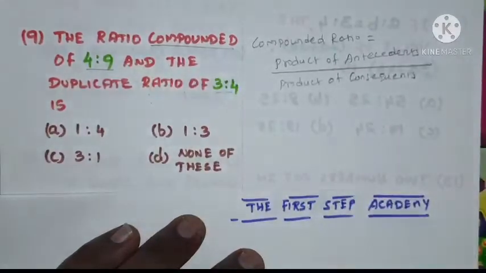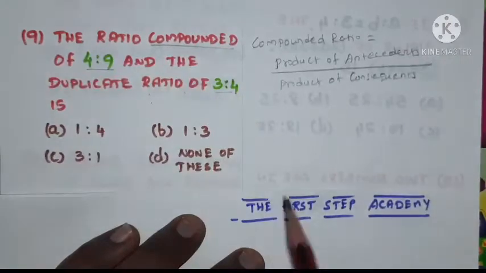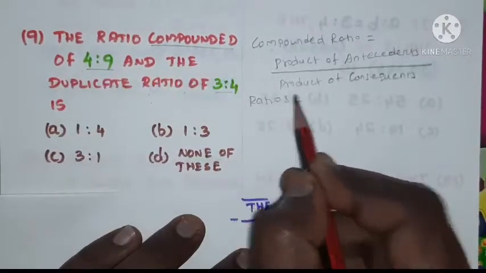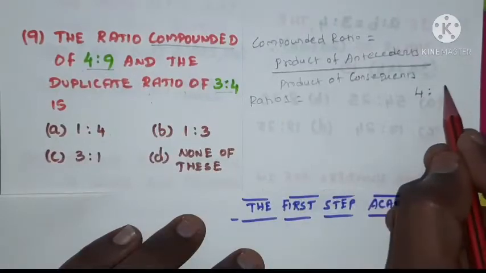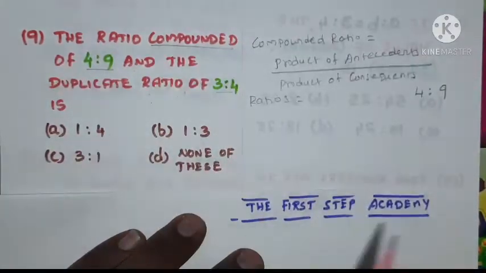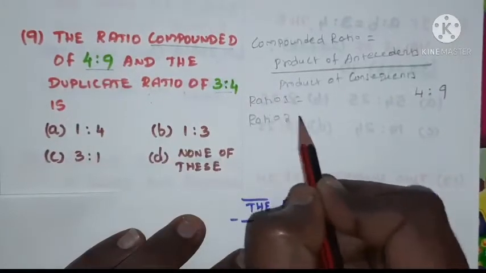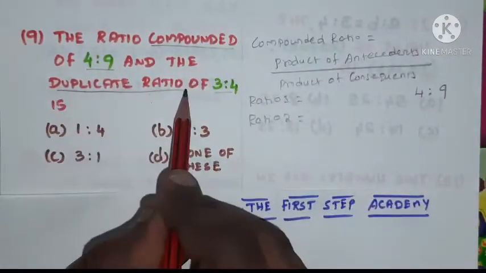Am I right? Fine. Here we have two ratios, right? So the ratio 1 is 4 is to 9. Let it be. Directly they have given. So ratio 1 is 4 is to 9, where ratio 2 is the duplicate ratio of 3 is to 4.